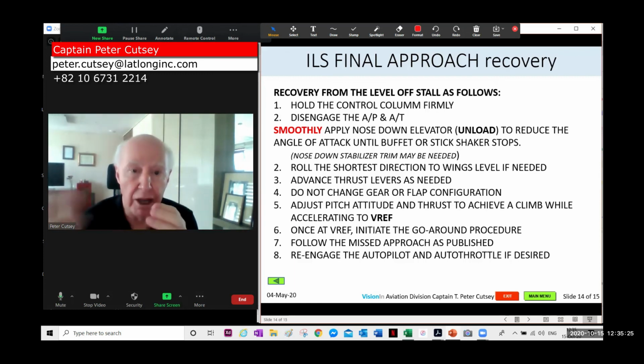Then pilot flying call for gear up. The go-around procedure is very important and hasn't been accomplished properly in many incidents and accidents in history. So ensure that you do it methodically and both people watch that you get the correct FMA indications before you rush into calling for flaps 15.